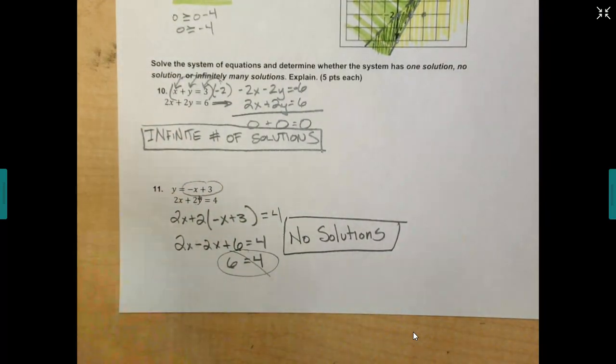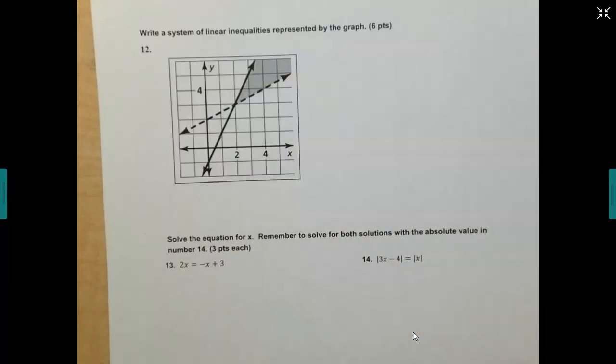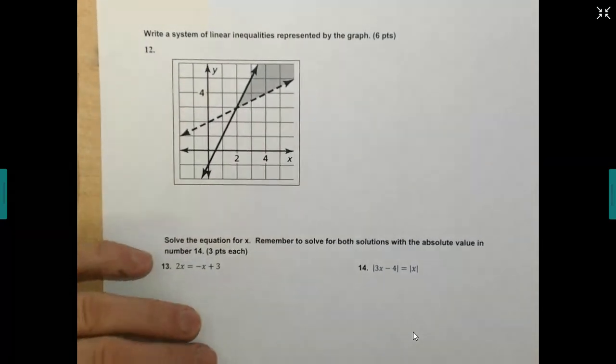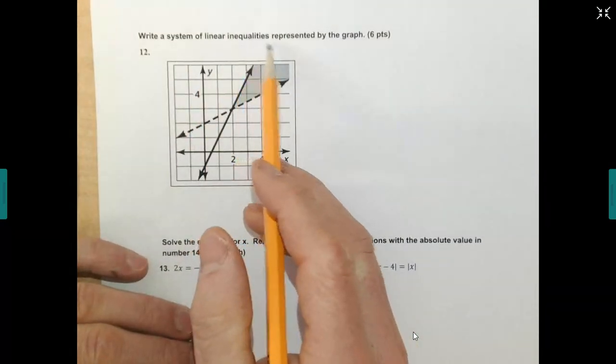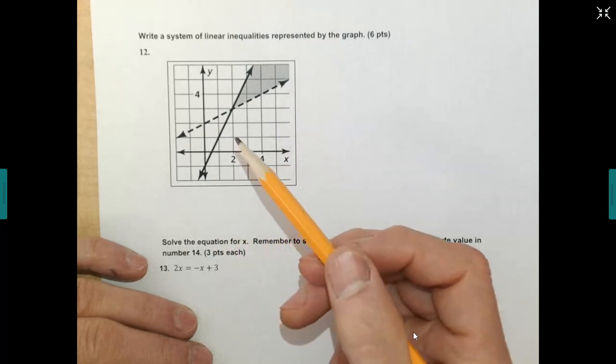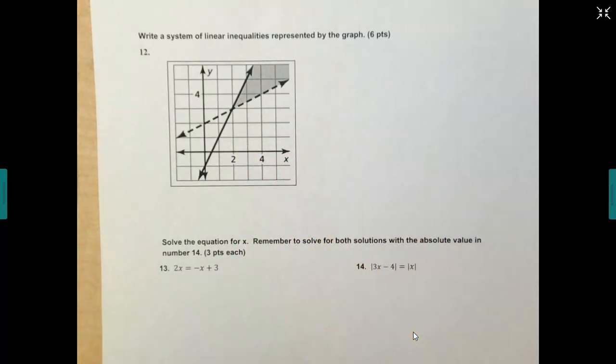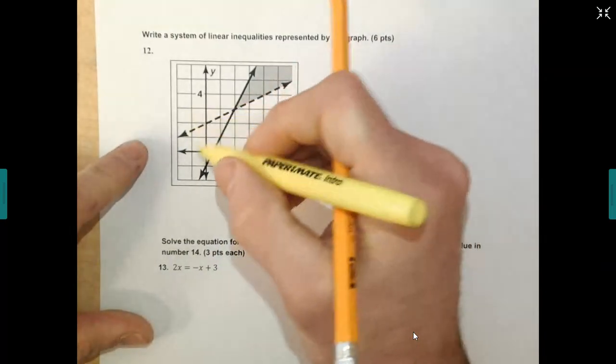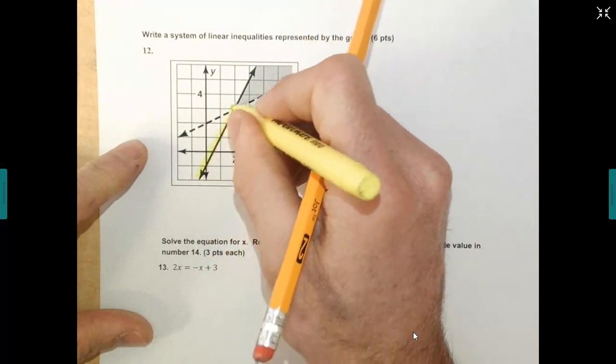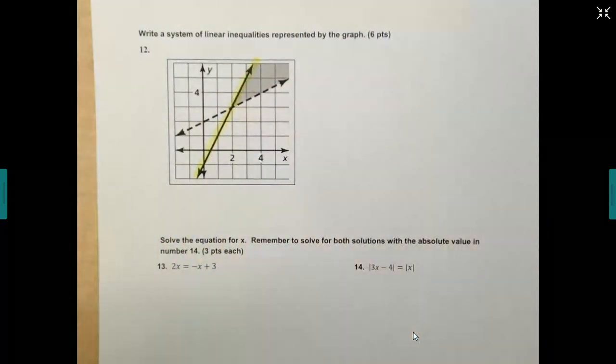Okay. Pause the video if you need it paused. And go on to the last page. So number 12. Write a system of linear inequalities that represents this graph. So what we're going to do is we're going to take this solid. The solid line is going to be the yellow.